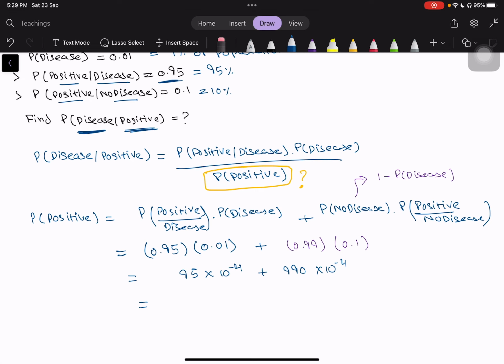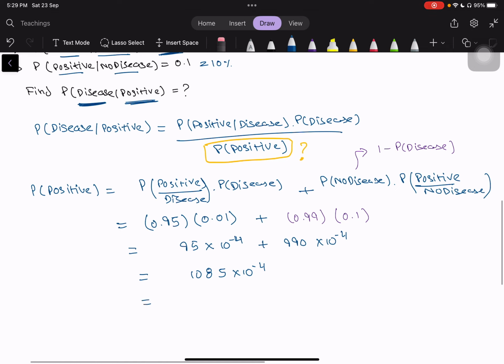So now adding this up, I get 1085 into 10 raised to power minus 4, which is just 0.1085. So yeah, this is the probability of testing positive, right?